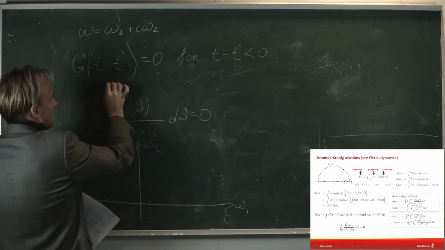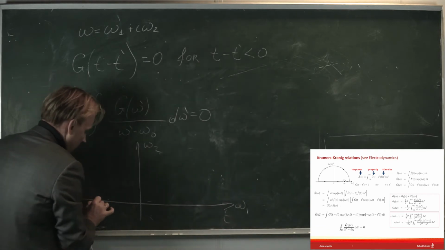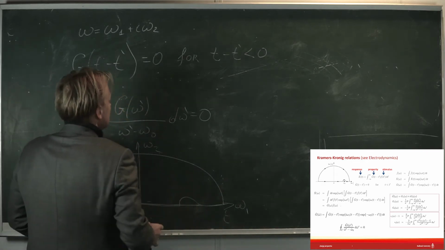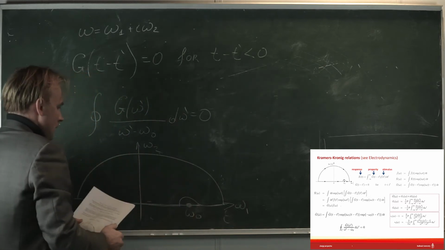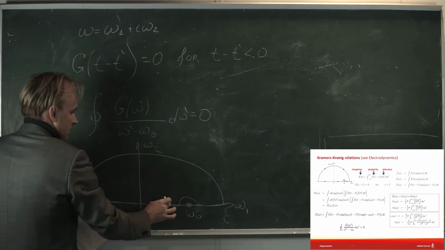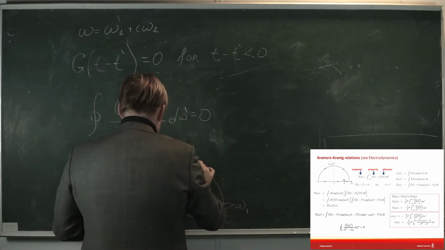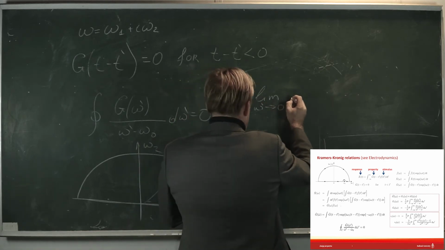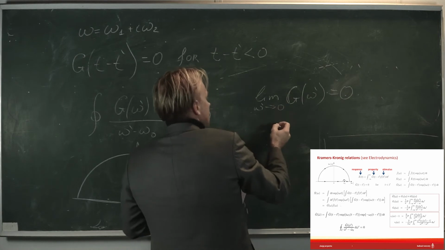Since there is a causality here, then in order to make sure that this integral converges, we can only integrate over the positive semicircle here, excluding the pole here at omega 0, and applying this Cauchy theorem to this semicircle, we will find that, well, also assuming, by the way, that if you calculate the limit of g at very large frequencies, then it would be 0.